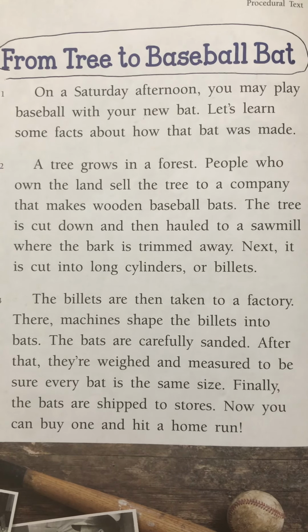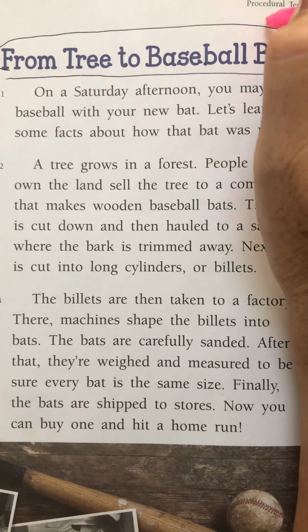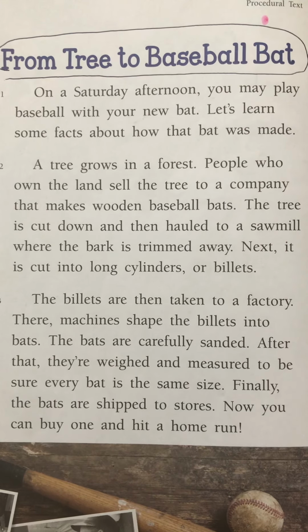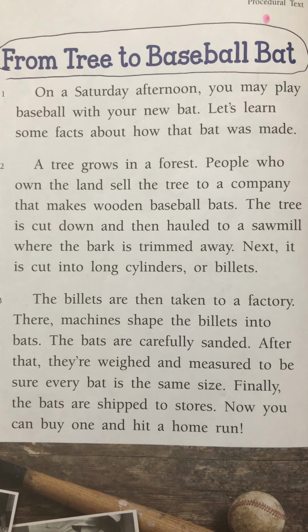And then I want you to pay attention to what type of text we are learning about. In your upper right-hand corner, you're going to see it's a procedural text. A procedural text tells us that this is explaining steps in which something is made.